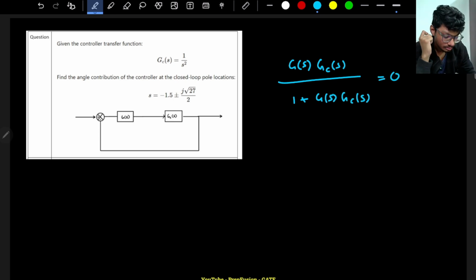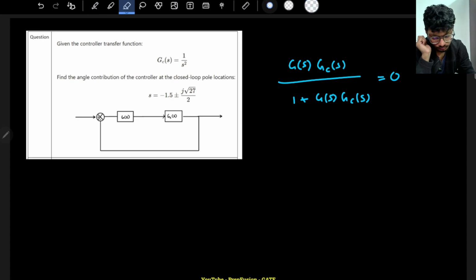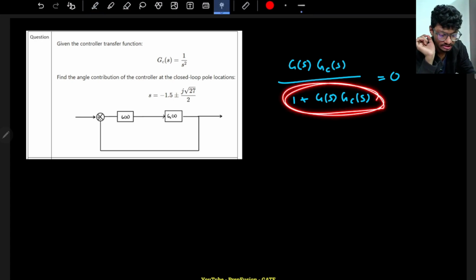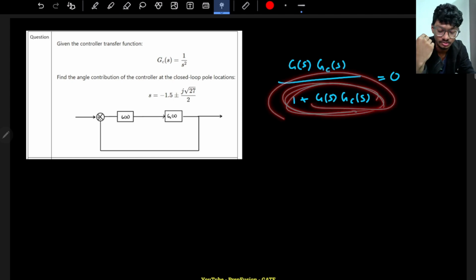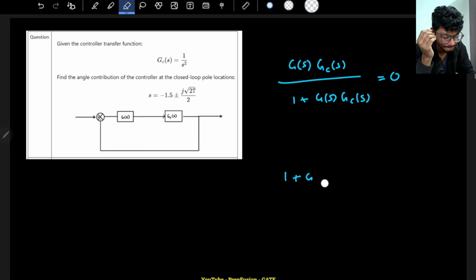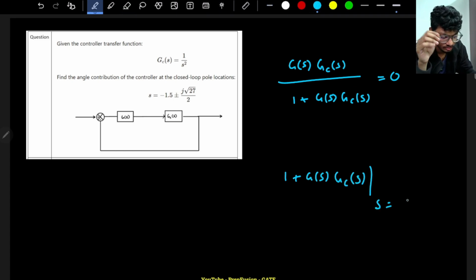Okay, so now the poles lie in this location, so this equation should be satisfied. This equation should be 0 at s equals whatever value they have given. So 1 plus G(s) into Gc(s) at s equals whatever value they have given should be equal to 0, correct?